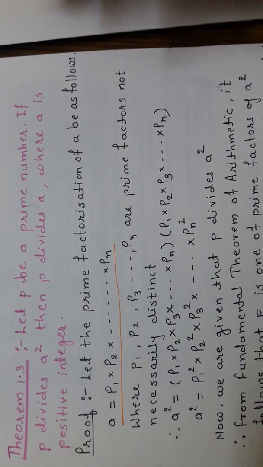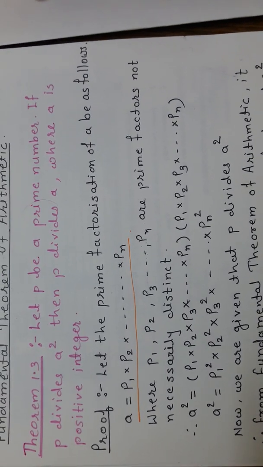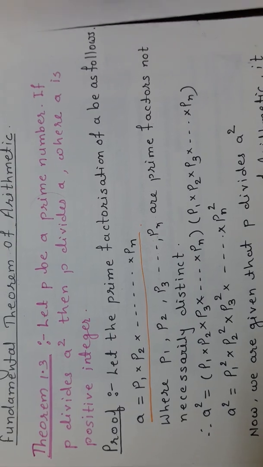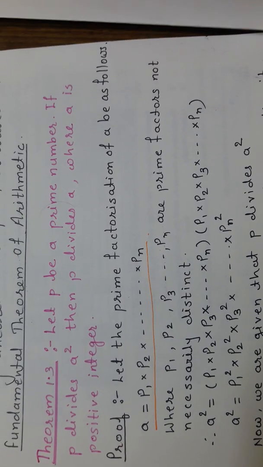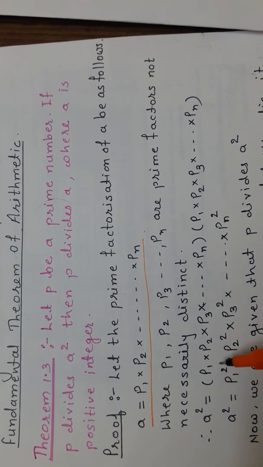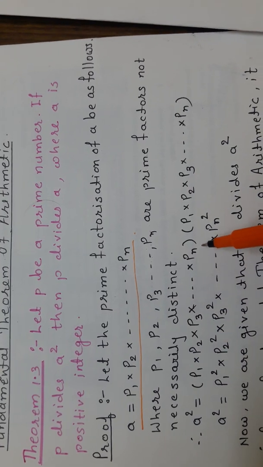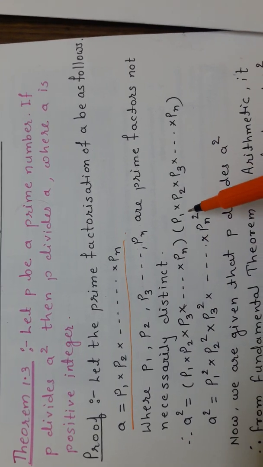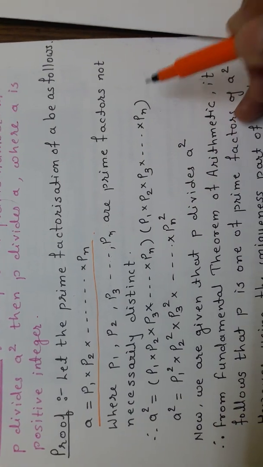For example, the factors of 4 are 2 into 2, which means both are the same. If we see 6, then 2 into 3, they are different. Likewise, A square is equal to (P1 into P2 into P3 to Pn) into (P1 into P2 into P3 to Pn).